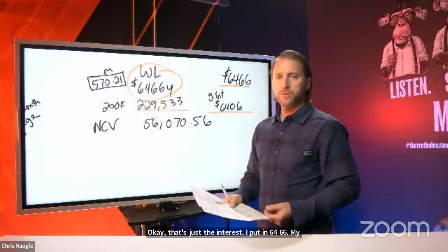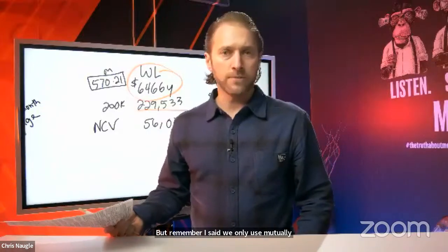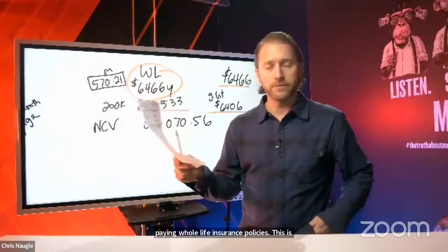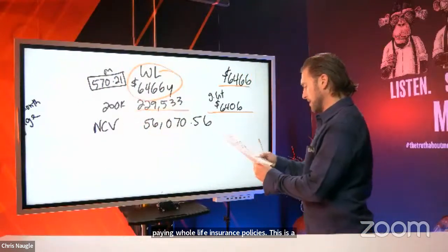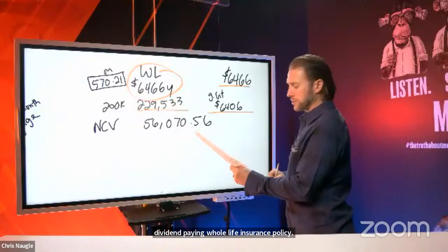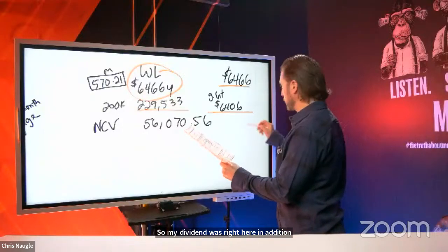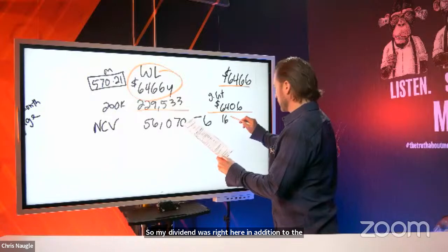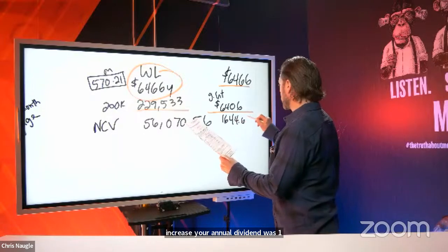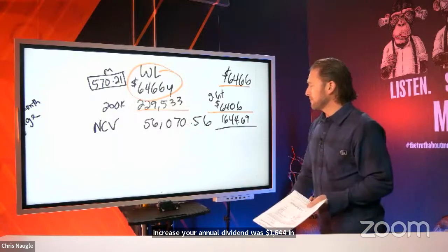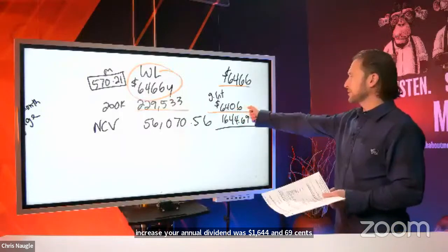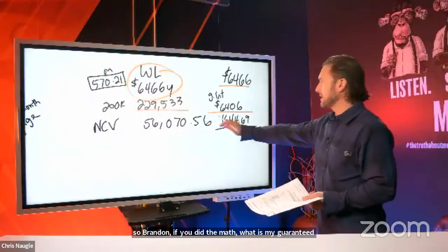But remember, I said we only use mutually owned dividend paying whole life insurance policies. This is a dividend paying whole life insurance policy. So my dividend was right here. In addition to the increase, your annual dividend was $1,644.69. So Brandon, if you did the math, what is my guaranteed interest, 6,406, plus my dividend?